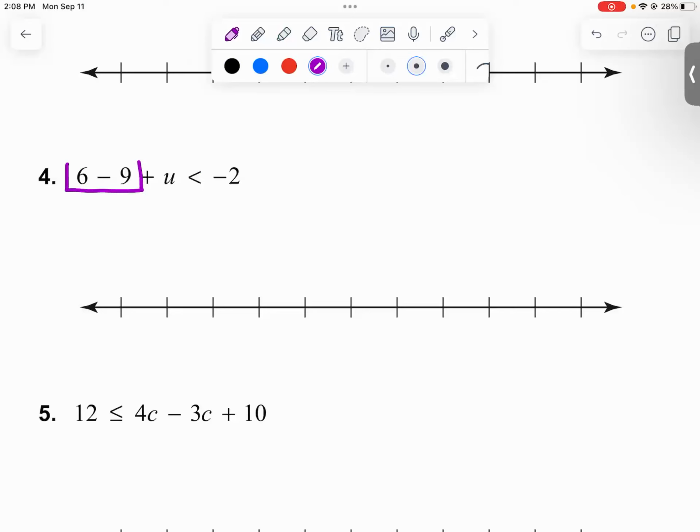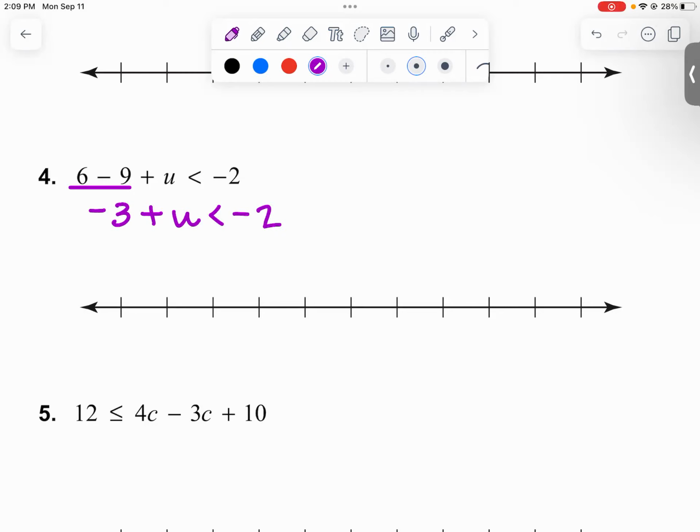I think 9 from 6. Yes. So we have like terms we need to combine. Okay. So before we can balance out our inequality, we need to take 6 minus 9, which is? -3. So we really have -3 plus u is less than -2.